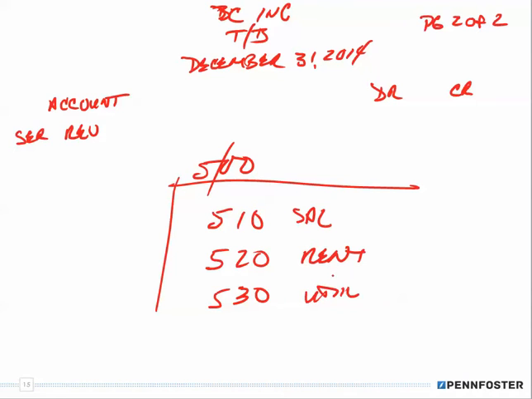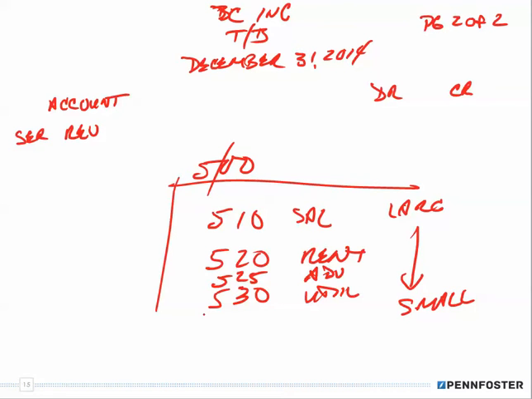Let's say we had advertising. My advertising expense is going to be larger than my utilities. Well, I can stick in number 525 and put advertising in between, and it makes sense because I'm still starting out with my largest up here, going down to my smallest.